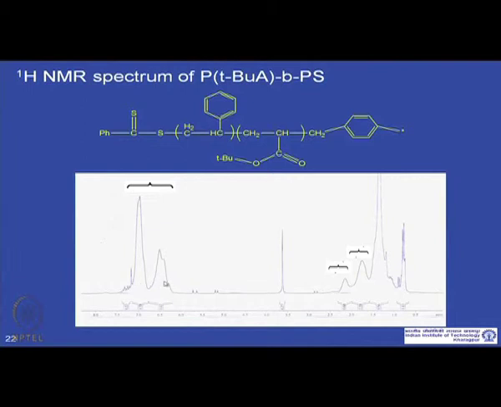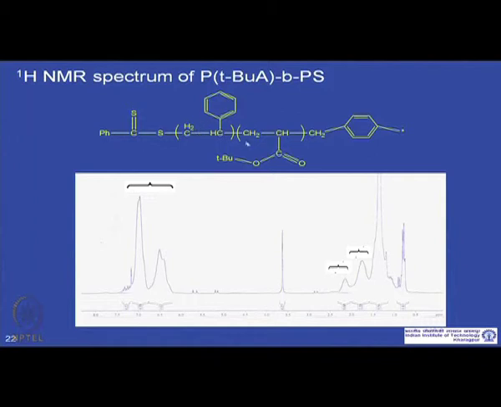You can assume that all the aromatic proton peaks are from these 5 styrenic protons, whereas these particular peaks are from the 3 hydrogens of the tertiary butyl acrylate moiety. So from the ratio of these 2 you can now find out the molar ratio of the styrenic moiety and the tertiary butyl acrylate moiety.